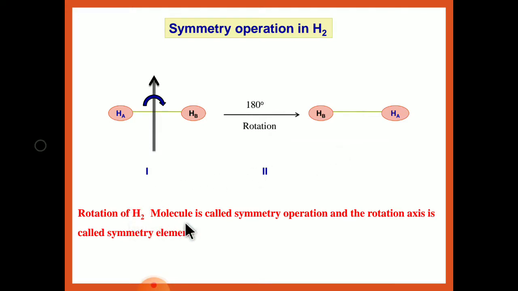Rotation of the H2 molecule is called a symmetry operation. Here the symmetry operation is the 180-degree rotation, and the rotation axis is called the symmetry element. This is the axis by which Ha and Hb are rotated through 180 degrees. So this axis is known as the symmetry element.